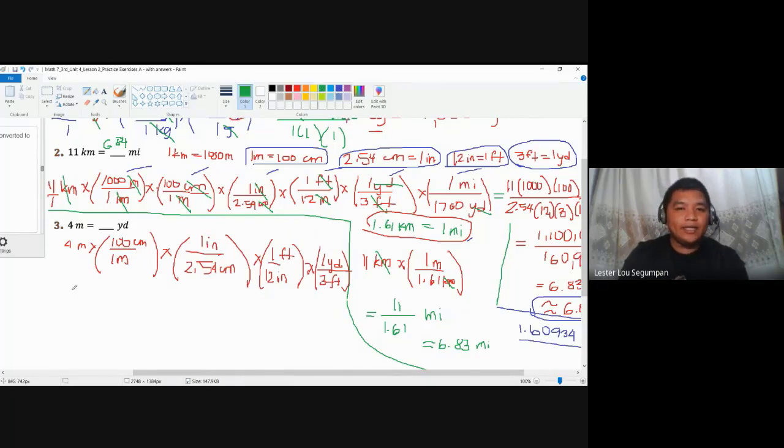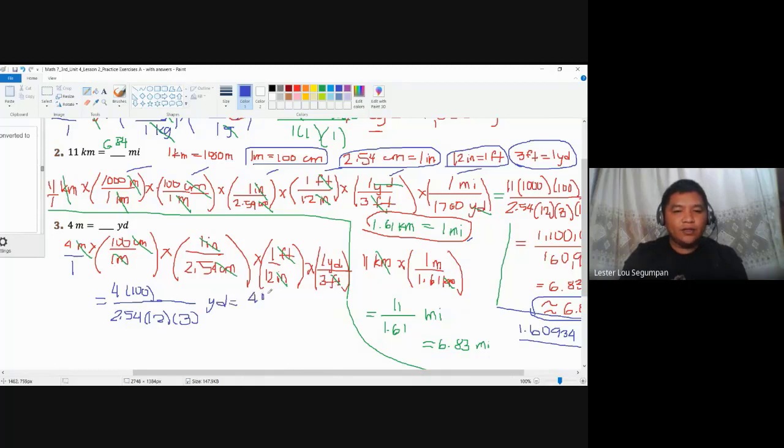So we could cancel out meters, centimeters, inches, foot, or feet in plural form. So we'll have the result: 4 times 100 times 1 times 1 times 1, all over 1 times 1, you have 2.54 times 12 times 3. And then this would become yards now.